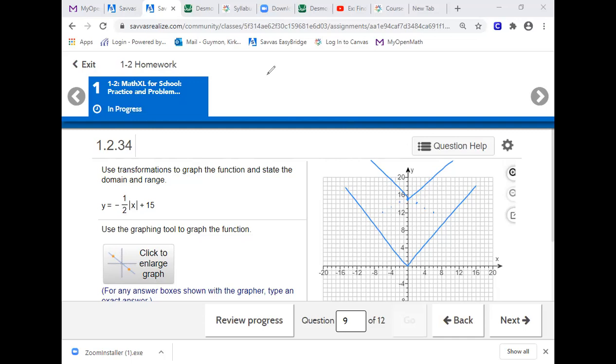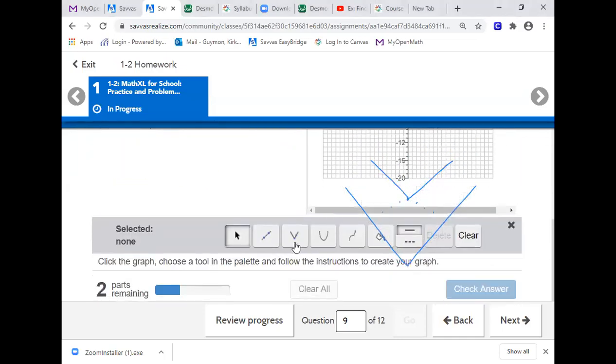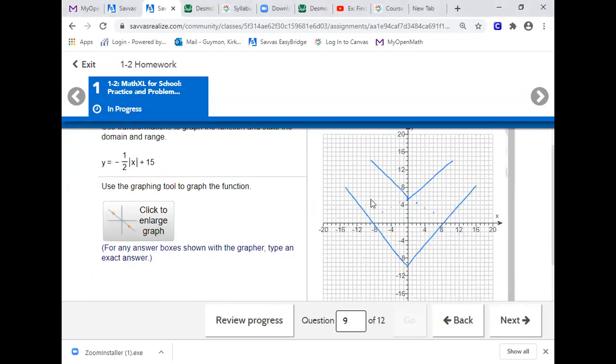So let's see, I think I got to turn that draw. How do I get off this annotate? Go back to the mouse. Go get the right tool, click in your graph, get the right tool, the absolute value tool.